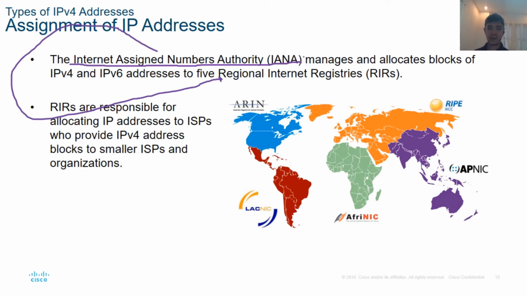There are around five RIRs. There's ARIN, and in Asia, APNIC. So for example, if PLDT needs additional public IP addresses, they will get them from APNIC, which is a regional internet registry.